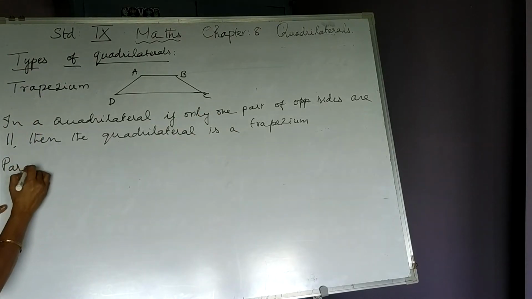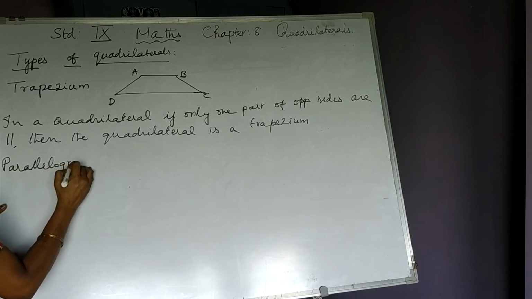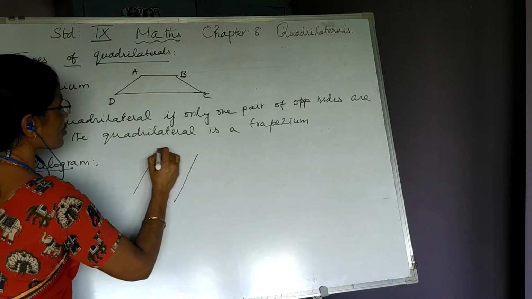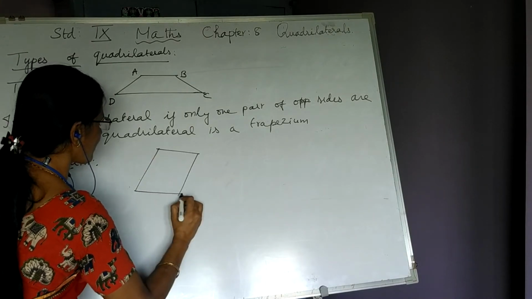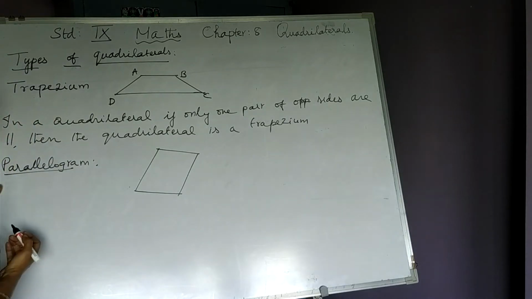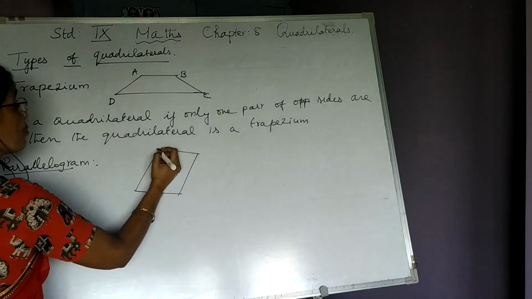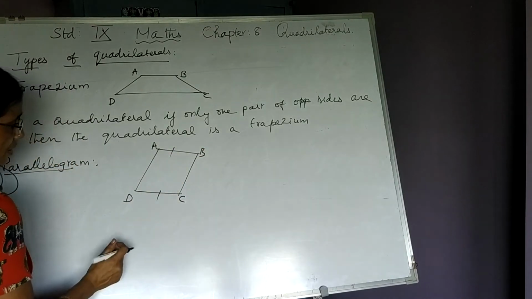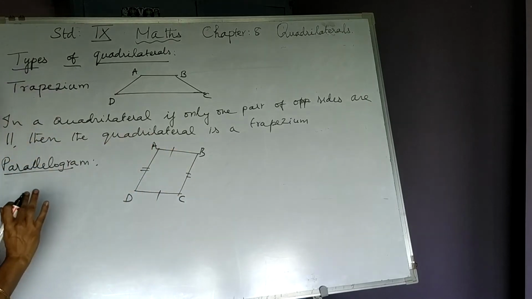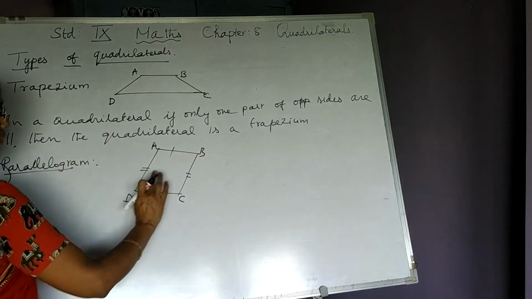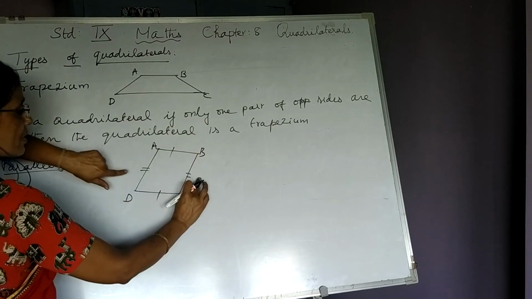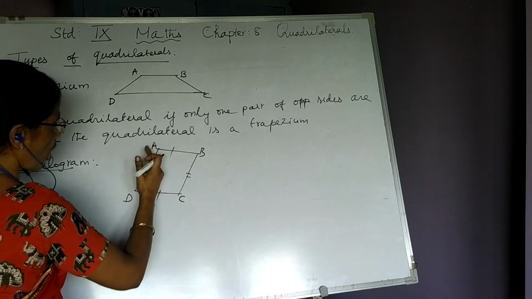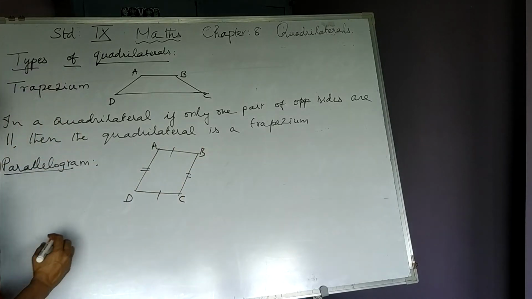Then let us consider the parallelogram. For a trapezium, we took one pair of opposite sides parallel, whereas for a parallelogram, in a quadrilateral, if both the pairs of opposite sides are parallel, these two should be parallel and these two also should be parallel. This is one pair of opposite sides, this is another pair of opposite sides. If both the pairs of opposite sides are parallel, we call this quadrilateral a parallelogram.